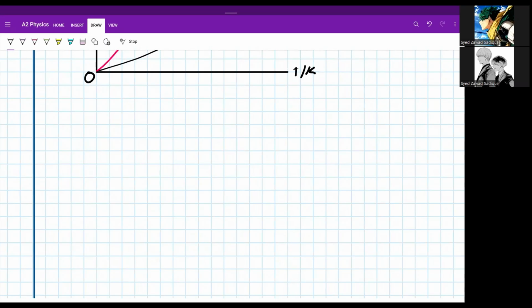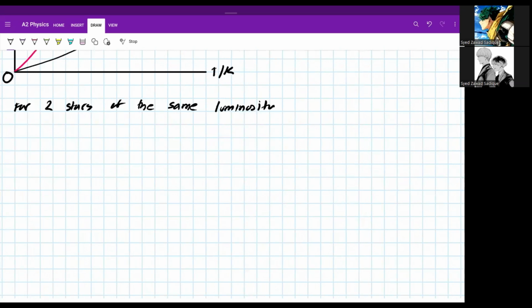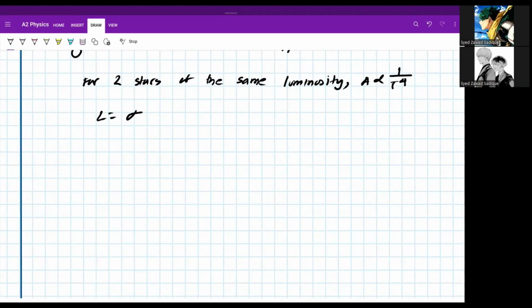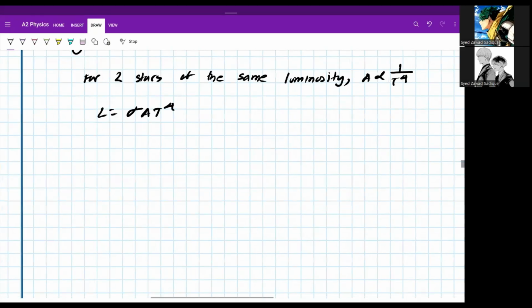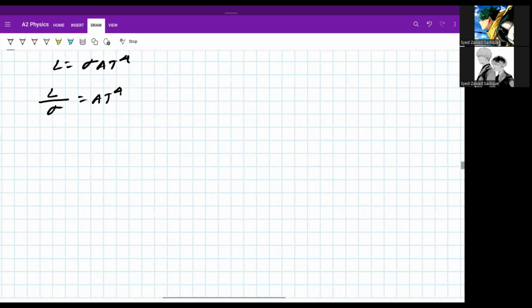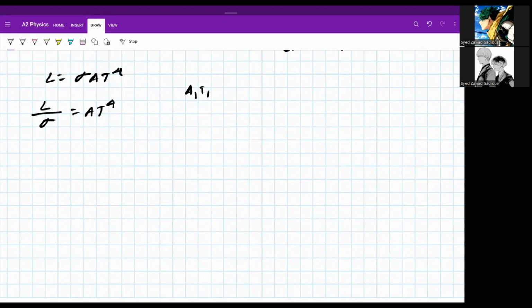Now, for two stars of the same luminosity, surface area is 1 by 2 to the power 4. We know luminosity's formula is sigma A T to the power 4. Hence, we can write A1 T1 to the power 4 equals A2 T2 to the power 4.